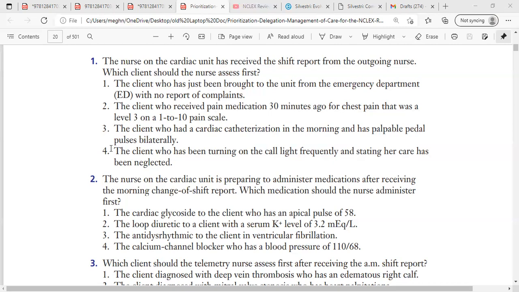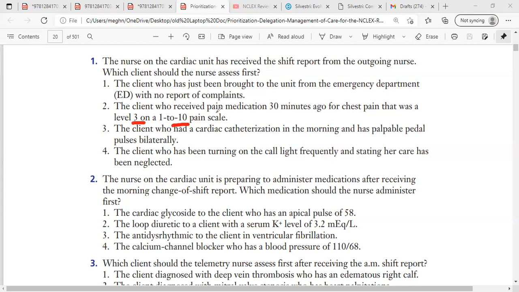Which was the answer? Before I answer, I want to share that number 2 is not the answer, because your patient has a pain of 3 out of 10. It is very mild pain, and the patient will not die because of this pain.